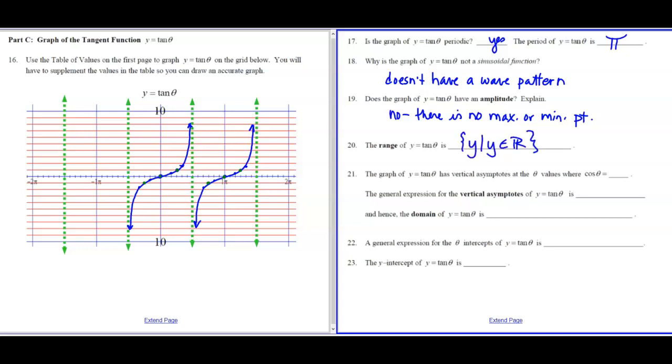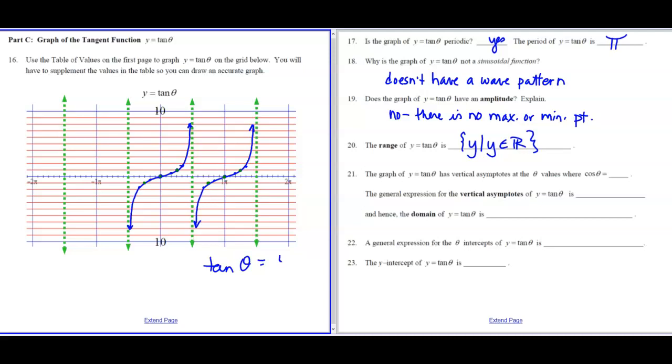If you take the limit of that function as x approaches the asymptote, it's plus or minus infinity, depending on which direction you're approaching the asymptote. The graph of y equals tan theta has vertical asymptotes at theta values where cos of theta is what? Remember, tan of theta is y over x.